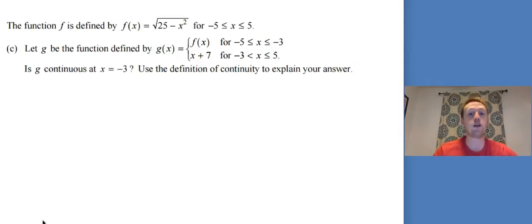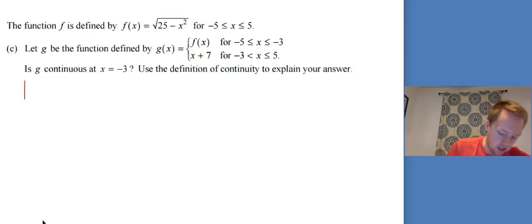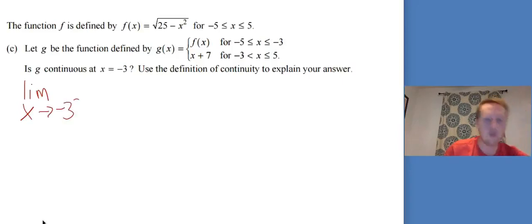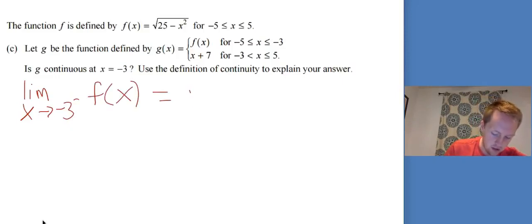So the first thing we're going to do is prove that the limit at -3 is the same for both f of x and x plus 7. So let's take the left-hand limit. The left-hand limit, I'm going to be in f of x because that's for numbers less than it. That's going to be the square root of 25 minus, negative 3 squared is 9.